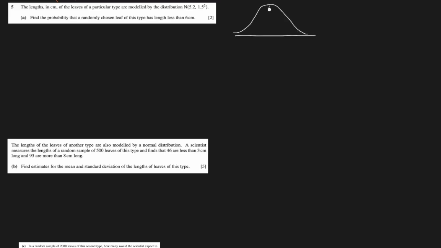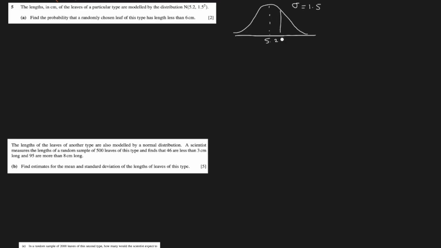So let's try to visualize this. This is normal distribution, mean is 5.2, standard deviation is 1.5. They have given variance, we are writing standard deviation. We want this time less than 6 centimeters.